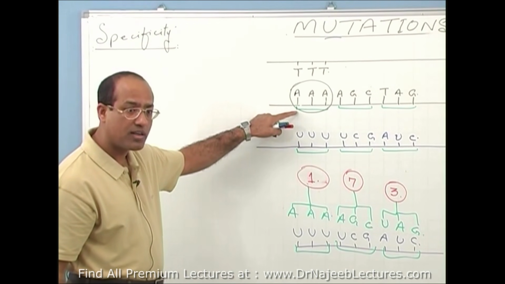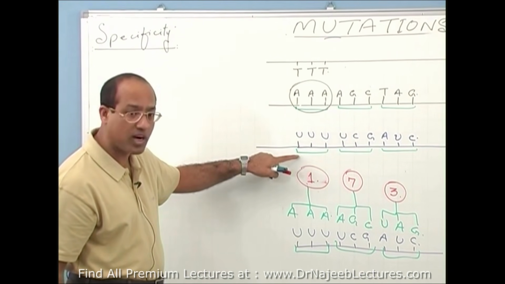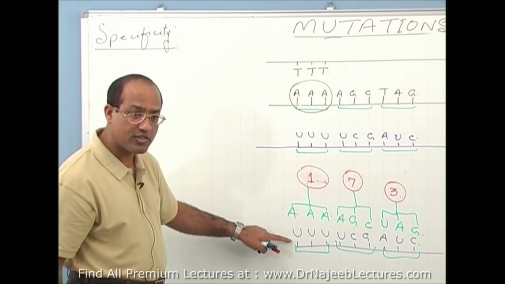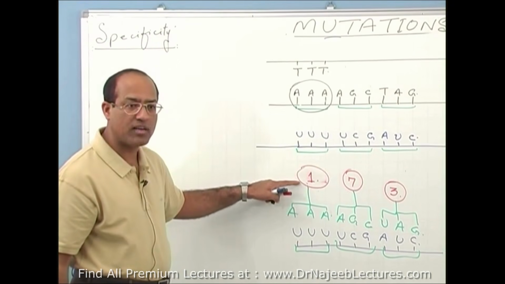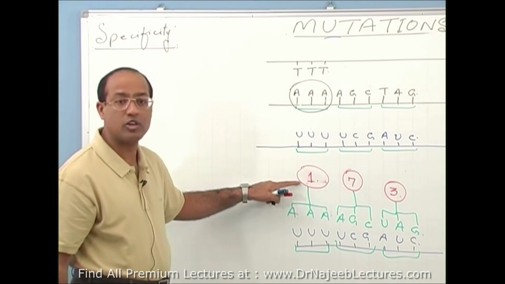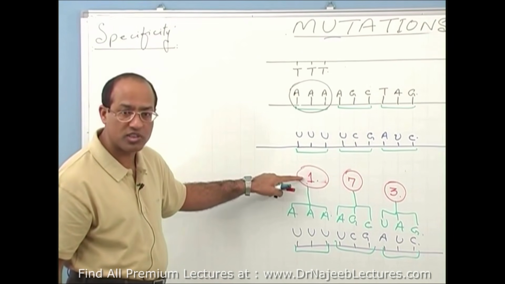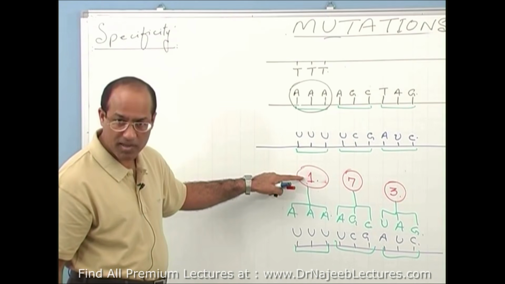Amino acid number 1. If this DNA codon is properly transcribed into RNA codon and RNA codon is properly translated, there should always be amino acid number 1, not amino acid number 7 or 3 or 10 or anyone else. For example, if amino acid number 1 is isoleucine, there is no way that there should be tryptophan here. Am I clear?